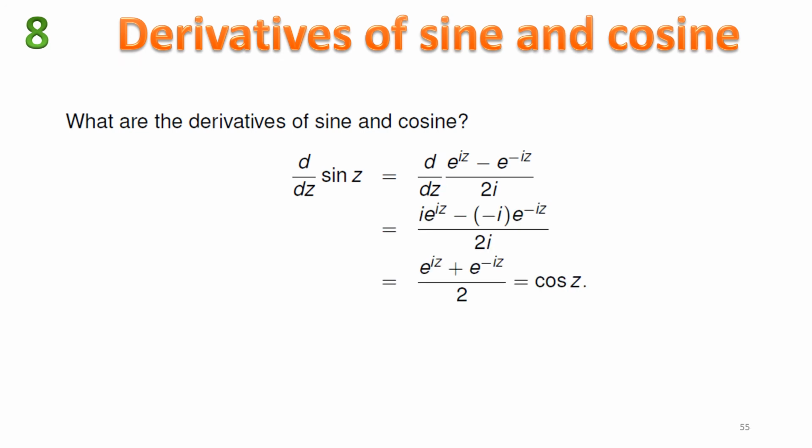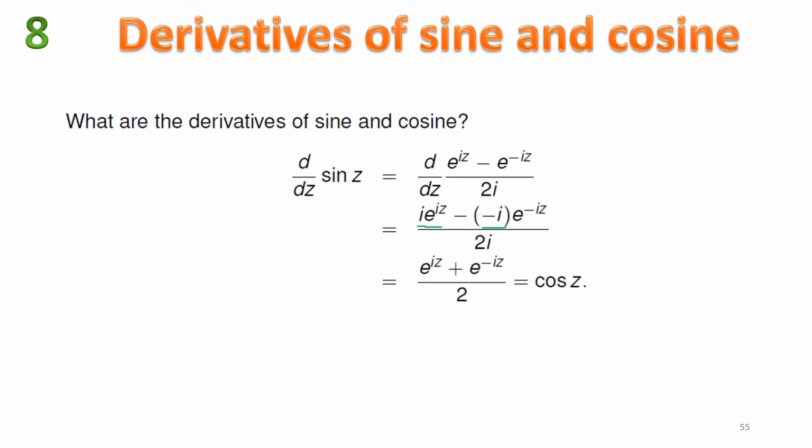Now we have learned the derivative of the exponential function. E to the iz will have derivative i times the same function, and the derivative of e to the minus iz will be minus i times e to the minus iz.